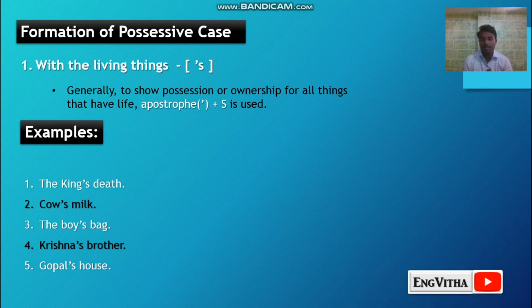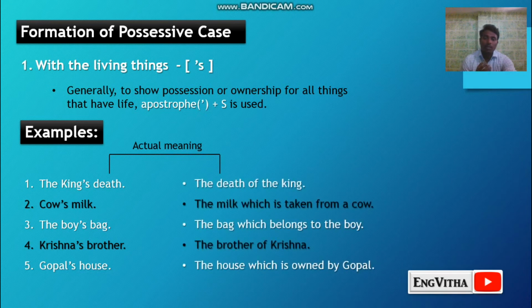Firstly, the king's death, cow's milk. And the third, the boy's bag. And the fourth, Krishna's brother. And the fifth, Gopal's house. So actually what they mean is, the death of the king.